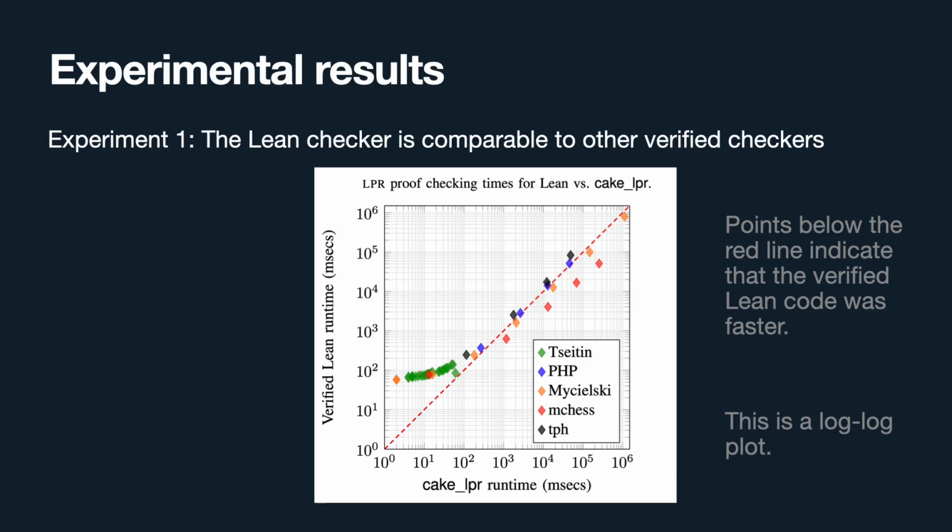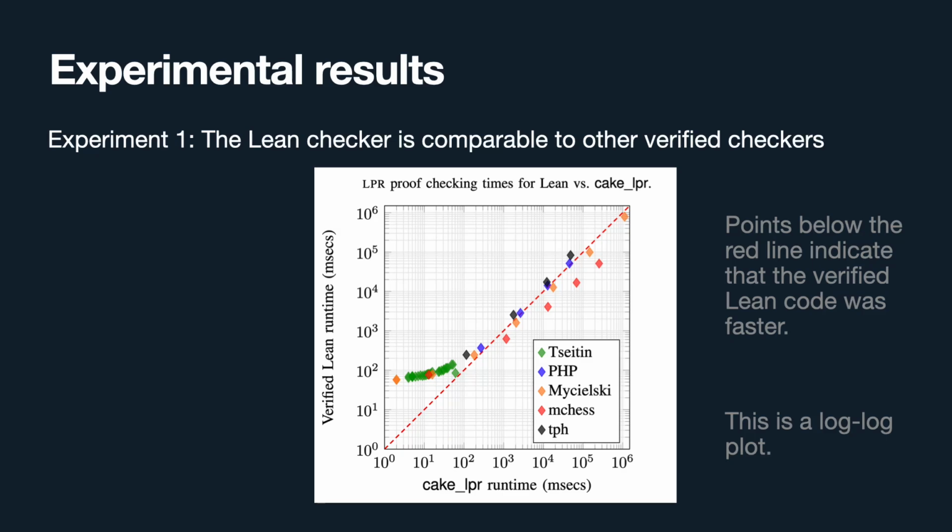And you'll notice that most of the proofs lie along this red dotted line. As the proofs tend to get longer, our Lean checker is a little faster. You also notice that there's this little curve, especially with the green proof instances off to the left. This is due to Lean having to run some amount of startup code when it starts, even in the compiled binary.